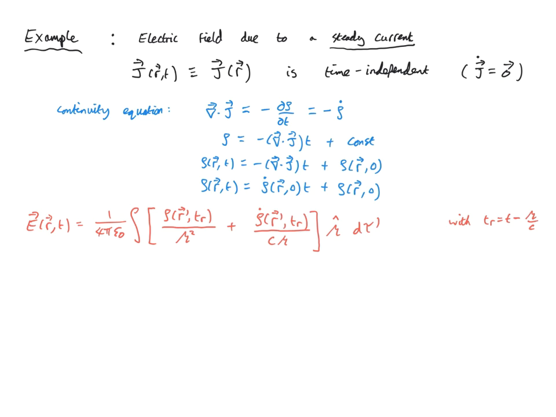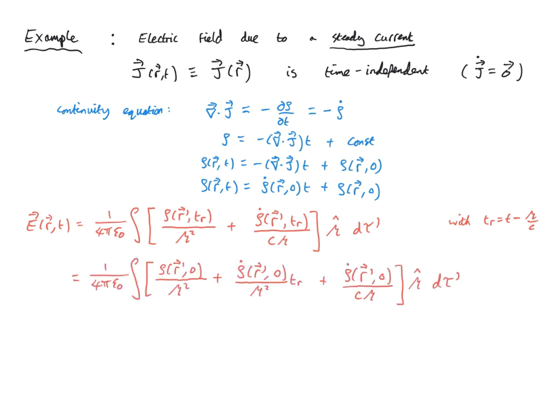So let's now just substitute in our expression for rho of r and t, and we can also take the derivative of rho of r and t and plug that into this expression and see what we get. This is the expression, and now we can actually substitute in this definition of the retarded time in here.